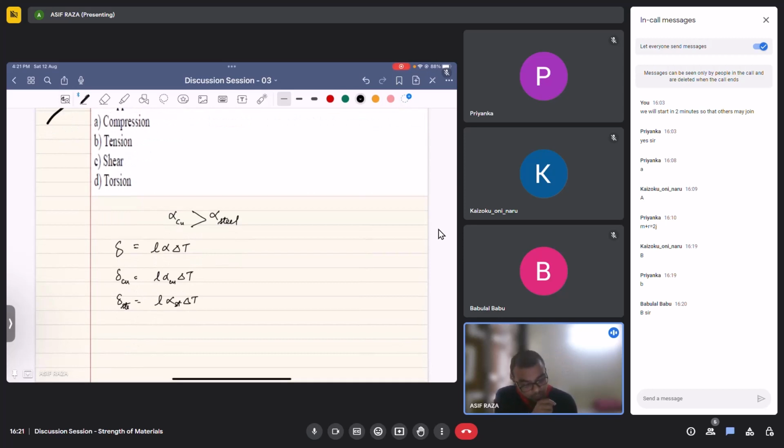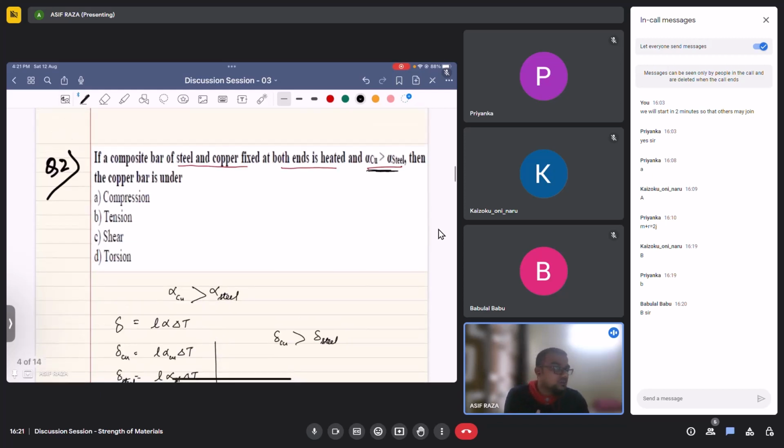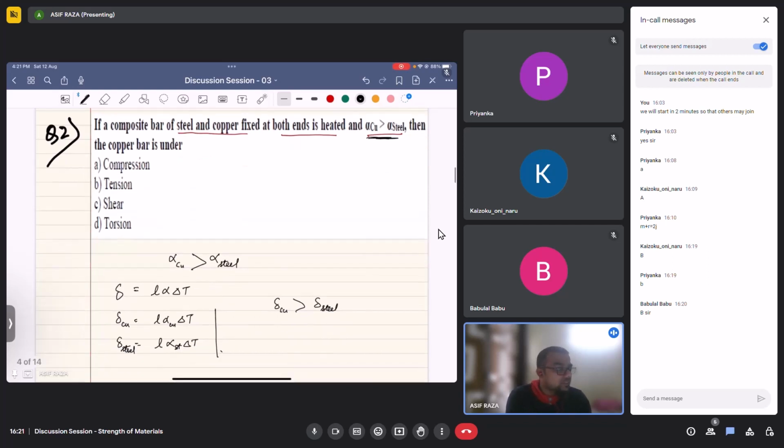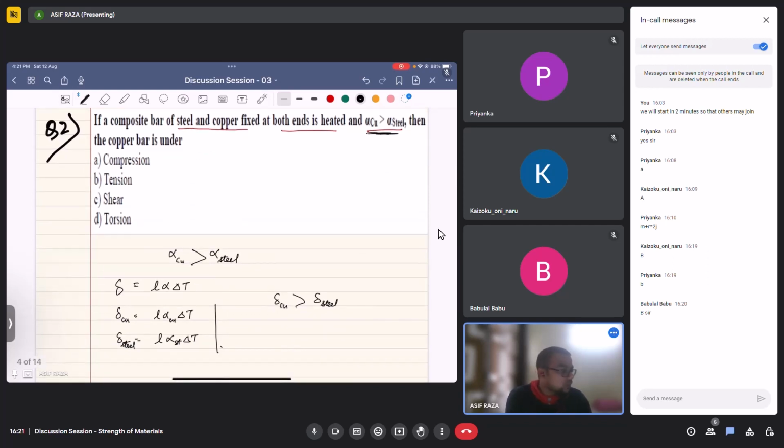So delta Cu would be greater than delta steel, right? What would be the normal tendency if both bodies are allowed to expand freely? Steel would have lesser elongation as compared to copper.